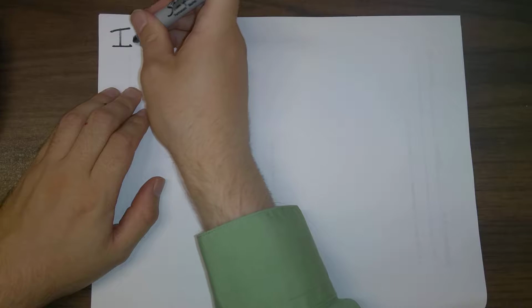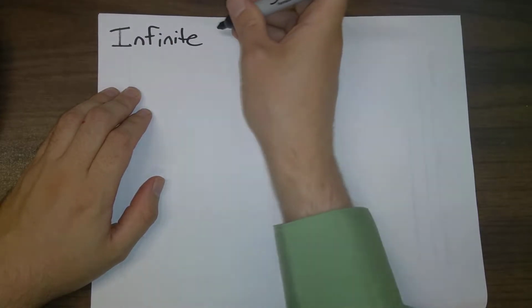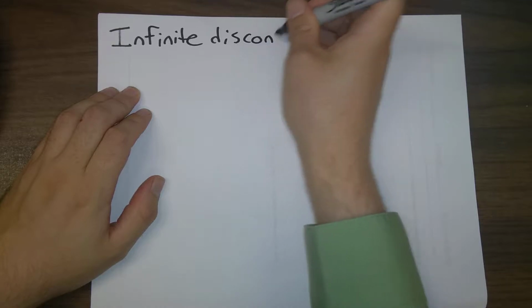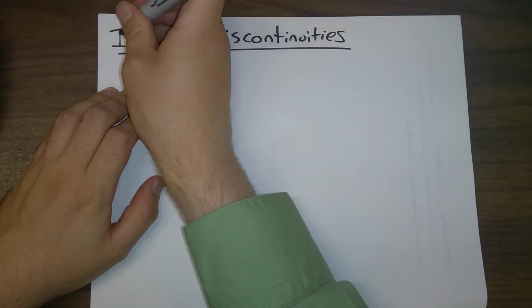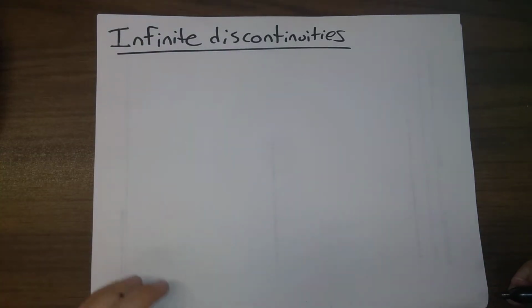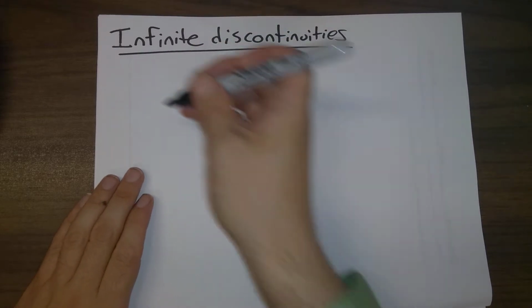Here comes our third type of discontinuity, and we're going to start talking about infinite discontinuities. This is going to be, in some sense, even worse than the previous case.